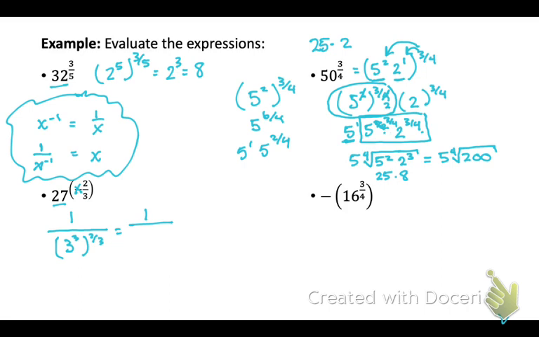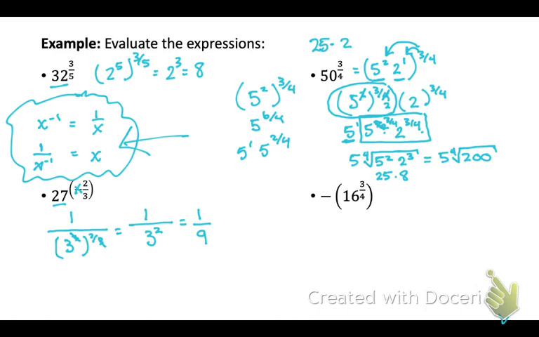So 2/3 and 3, the 3's reduce. And I get 3 what? Squared, which is 9. So it's 1/9. So negative exponents do not make things negative. They do what? Reciprocate. So the numerator goes to the denominator, and the denominator goes to the numerator.